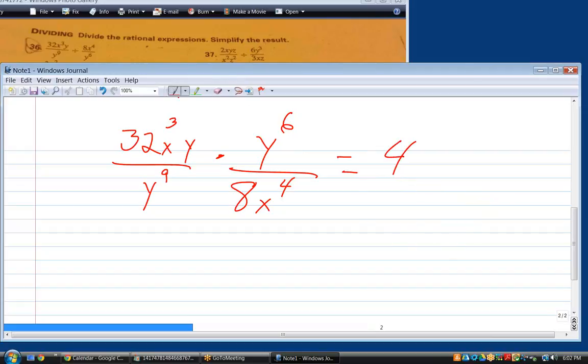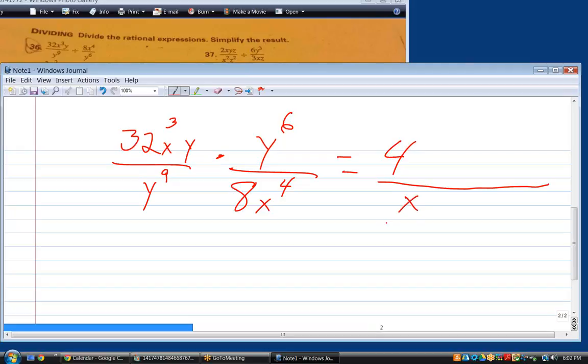Now take the very first letter, x. So what's the result of x cubed multiplied by x to the 4th in the denominator? Would just be x in the denominator.